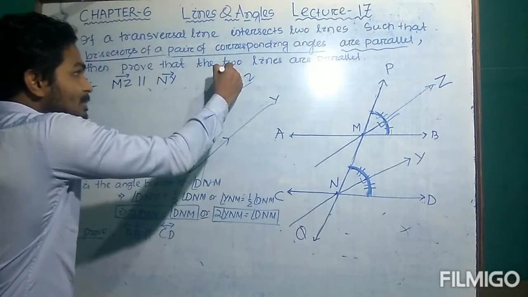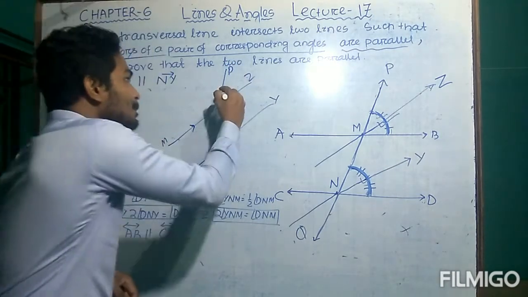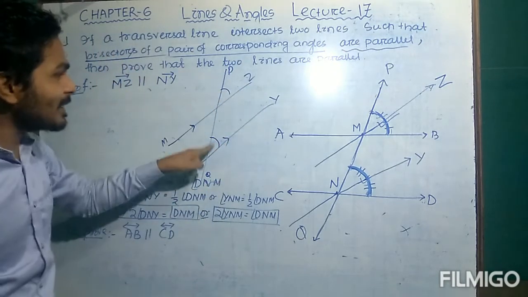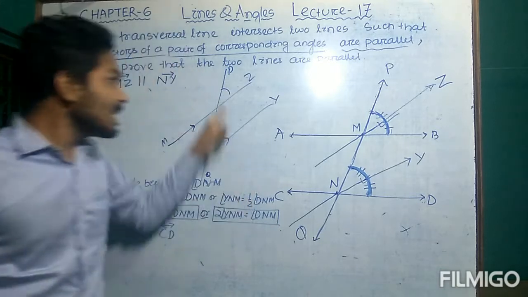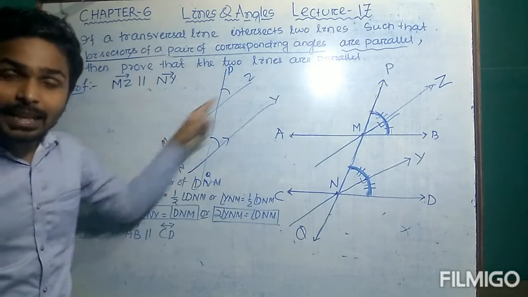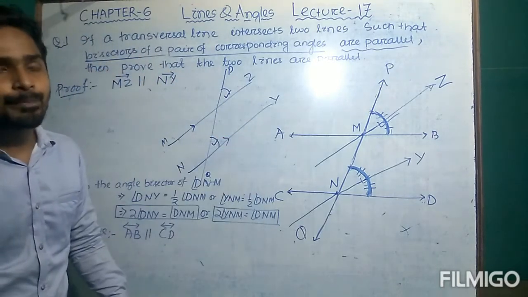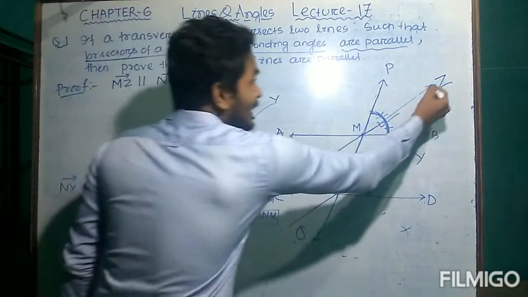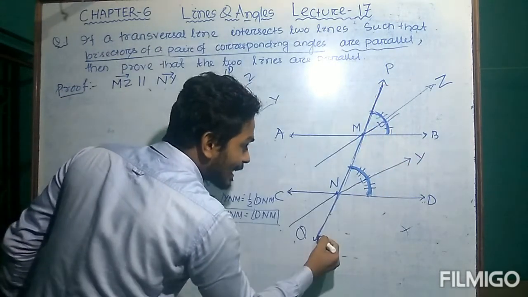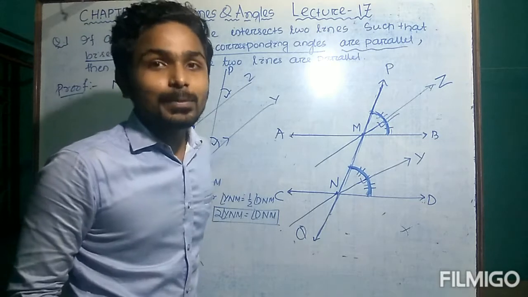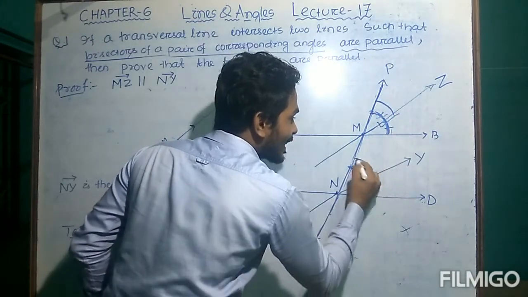Now, whenever this transversal line PQ intersects these two parallel lines, then these two angles are known as corresponding angles, and according to axiom 6.3, if a transversal line intersects two parallel lines, then their corresponding angles are equal. So which two angles are corresponding? This angle and this angle.